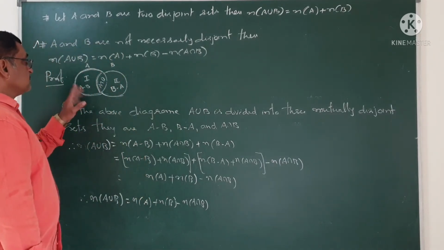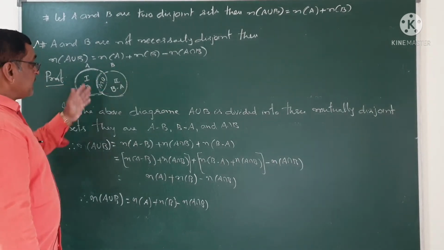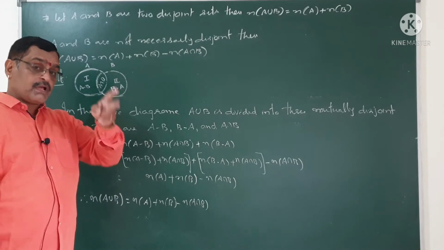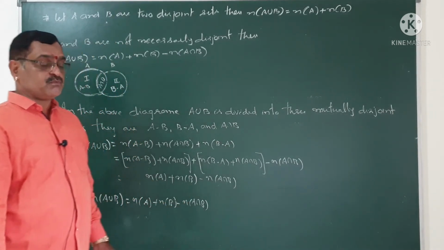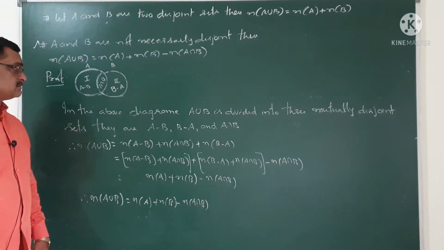Because by adding these two circle parts, I am adding A intersection B twice. I don't want that, so I am subtracting one time. Please copy. I will go to the third.